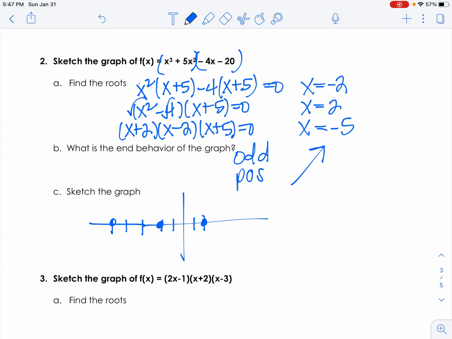Now in order for my first end to be down and my last end to be up, I must go through the x-axis there at -5, then come up, go back down at -2, back through at +2, and end up. Because none of those, when written in factored form, had an even exponent, they all cross through.